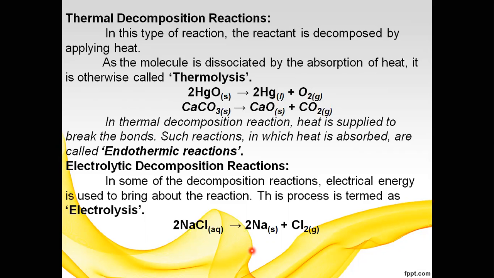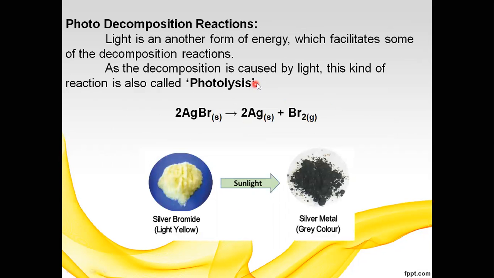The last, third one is photo decomposition reaction. All of you know that light is a form of energy. So light is another form of energy which facilitates some of the decomposition reactions.